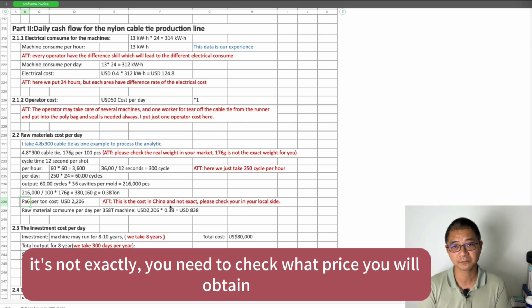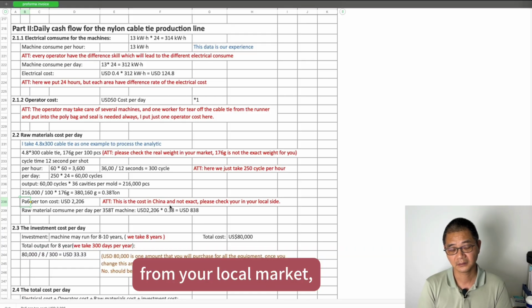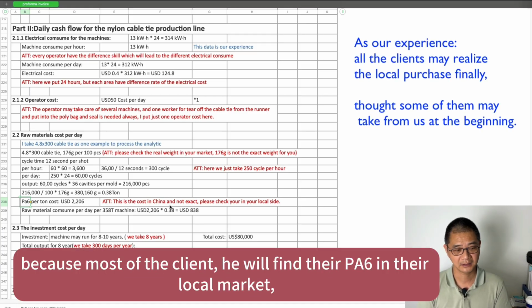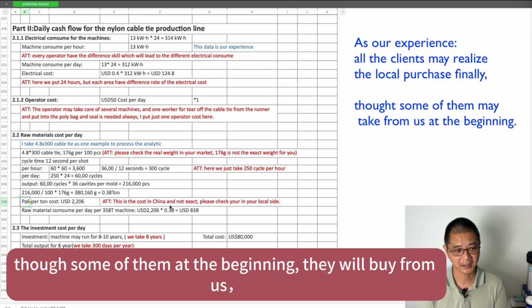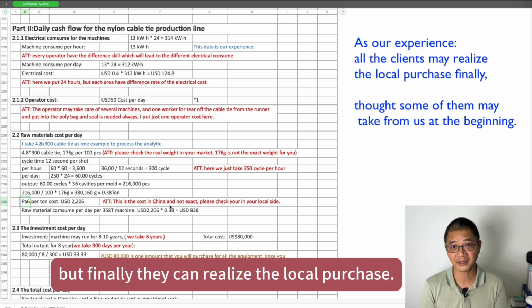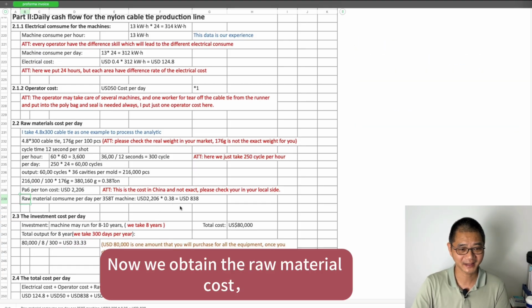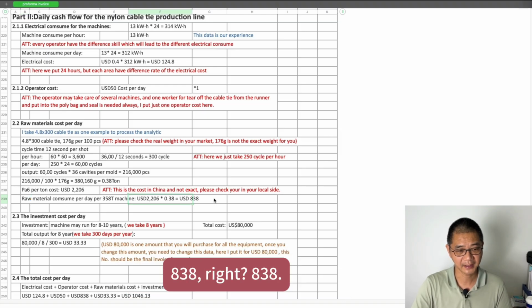You need to check what price you will obtain from your local market, because most clients will find their PA single 6 in their local market. Some of them at the beginning will buy from us or from China, but finally they can realize local purchase. Now we obtain the raw material cost, 838, right?